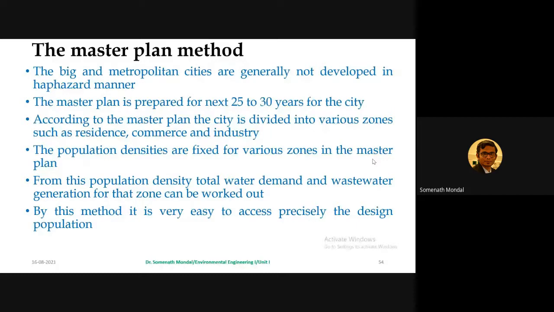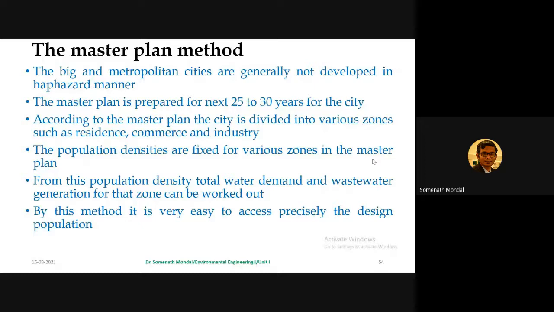Hence, when the development is regulated by such a scheme, it is very easy to assess precisely the design population, because the master plan will give us when and where the given number of houses, industries, and commercial establishments would be developed, and depending upon that, you can get the population in the next decade and the next to next decade.